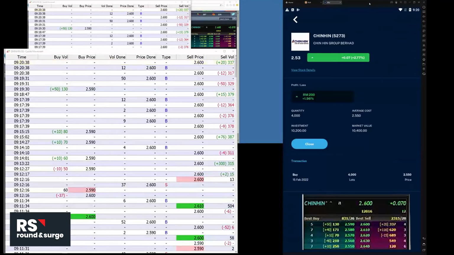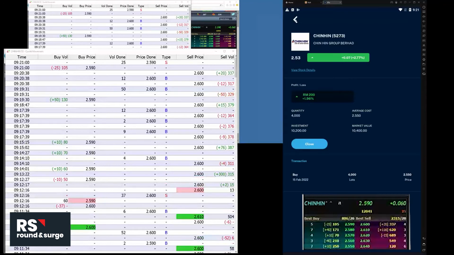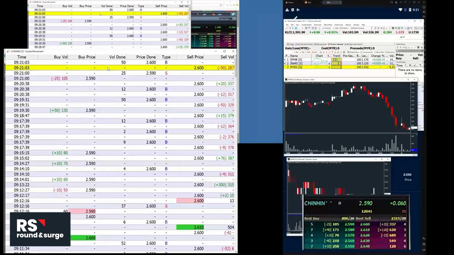If you download this seafood.my app over here, there are features inside. There's a throwdown of 25 lots to 259 and then being pushed back to 226. Never mind.